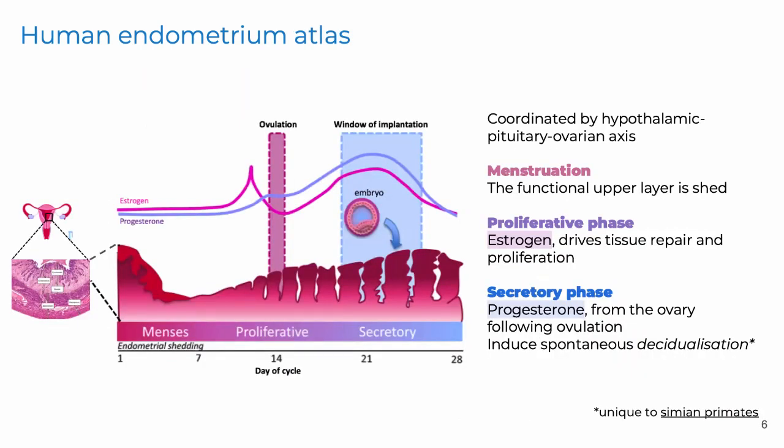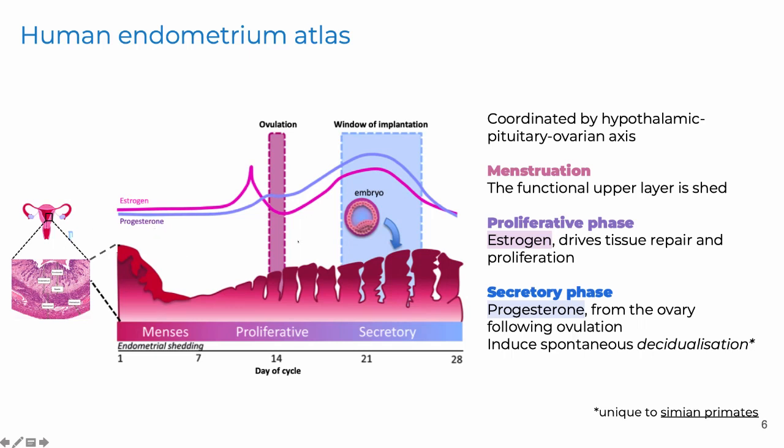What is quite interesting and got us fascinated about this tissue is its regenerative capacity. Every month, the endometrium goes through cycles of shedding, regeneration, proliferation, and differentiation, mediated by the two ovarian hormones, estrogen and progesterone.